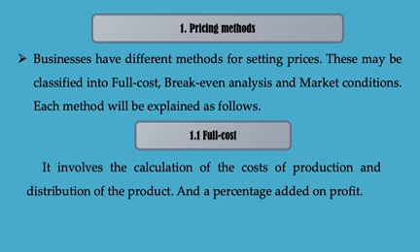First, the full cost. It involves the calculation of the cost of production and distribution of the product, and a percentage added on profits.